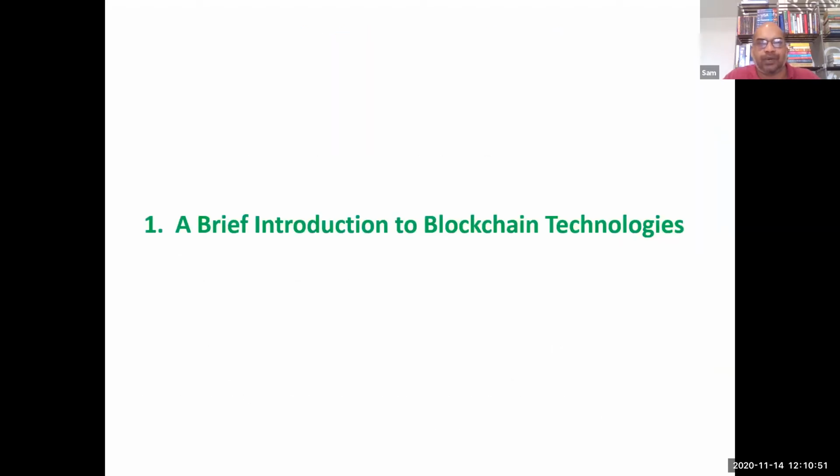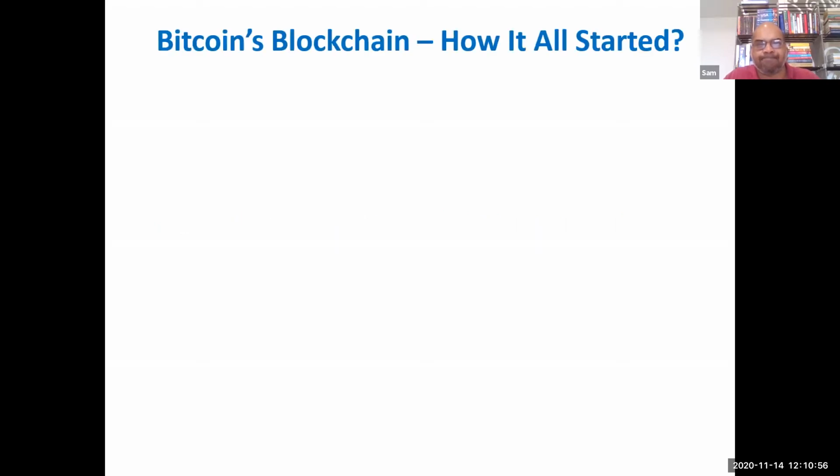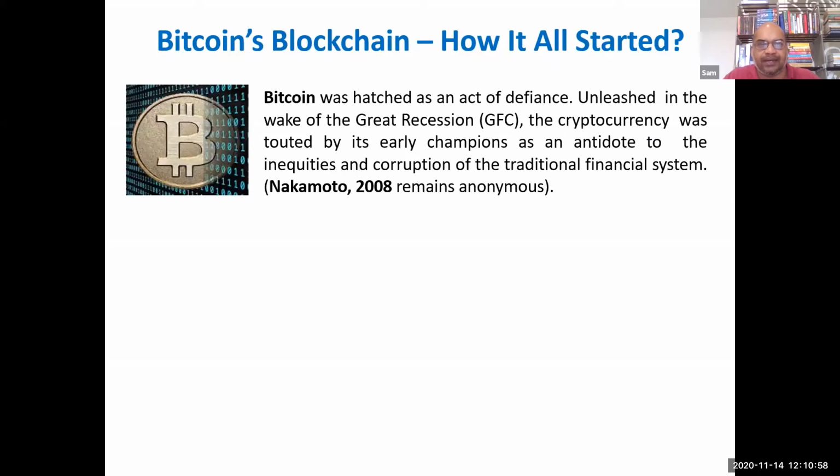Right. So, a brief introduction to blockchain technologies and how it all started. We are all aware of that famous anonymous person known as Satoshi Nakamoto, who wrote a white paper that said how we could do monetary transactions without using a third party such as banks.